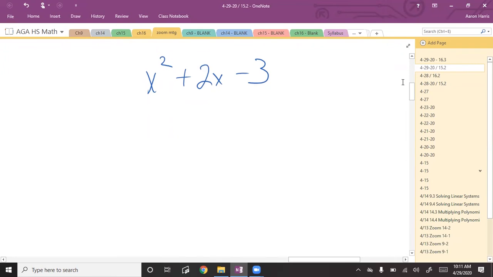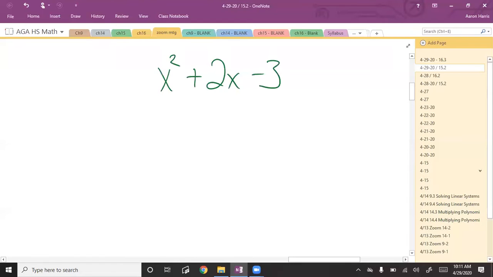There's an x squared out in front of it. You don't see that? Mm-mm. Do you see it now? Yeah. Yeah, I'll rewrite it, see what happens. I don't know what that's about. So there's x squared plus 2x minus 3. You see that? Mm-hmm. All right, so what do we do?